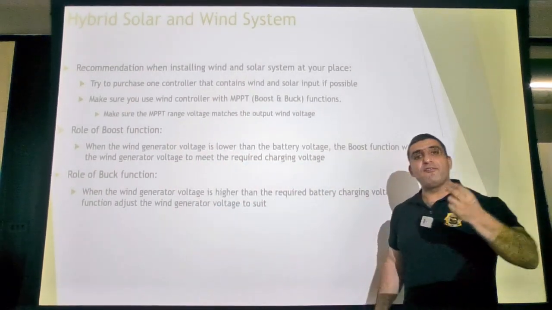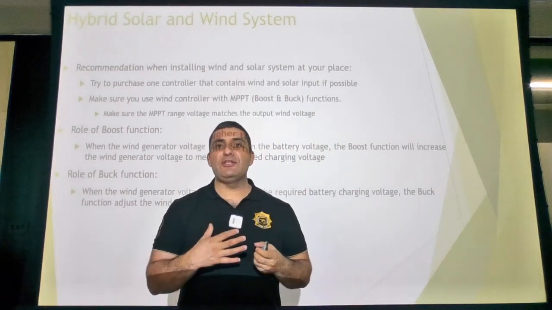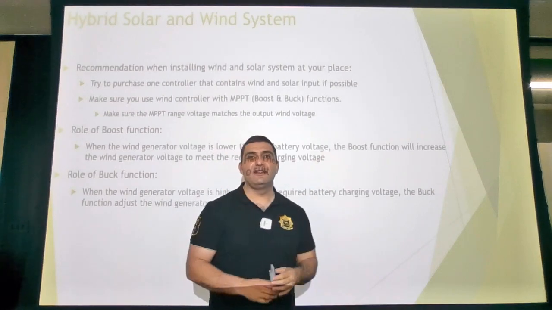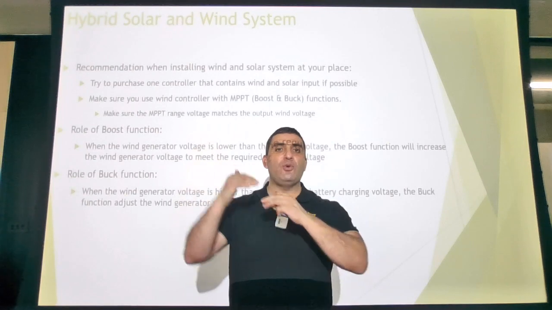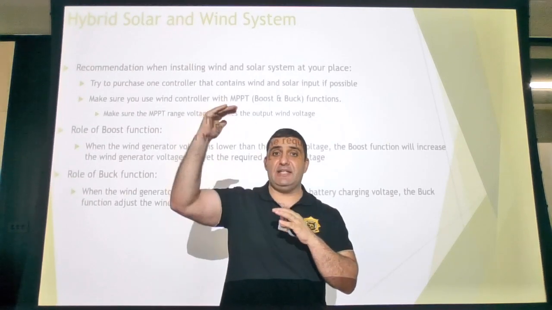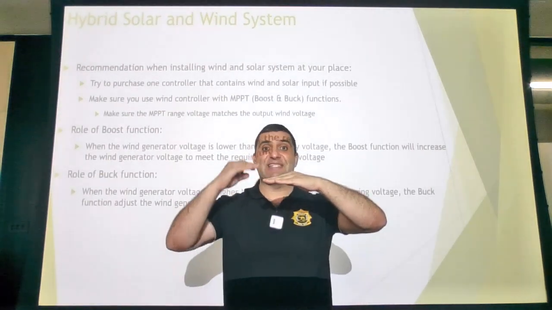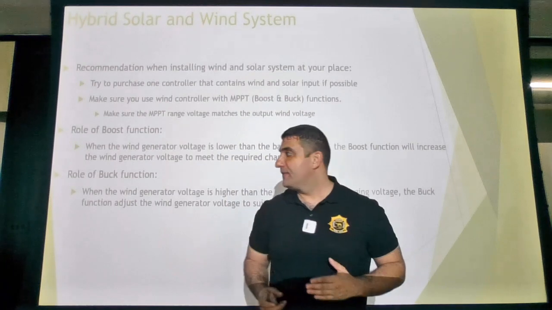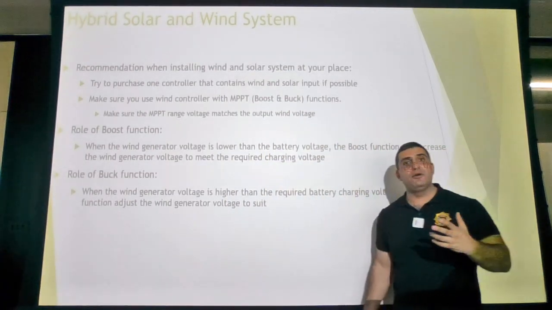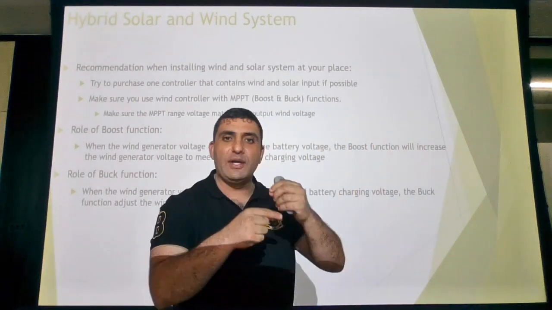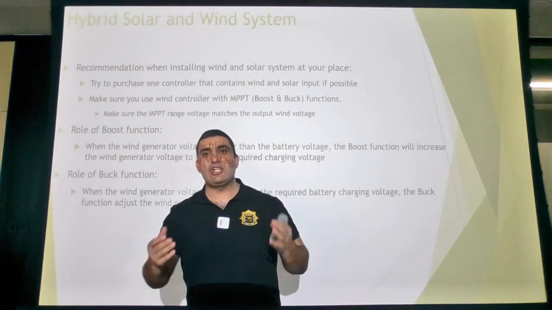So, for example, for a 48 volt battery system, I recommend your wind turbine controller has a boost that works from 20 volt up to maybe 55, 60, and a buck converter that works from, for example, 58 or 60 volt to 100 volt. This way, even if you have a small wind, it still will contribute to charging your batteries.